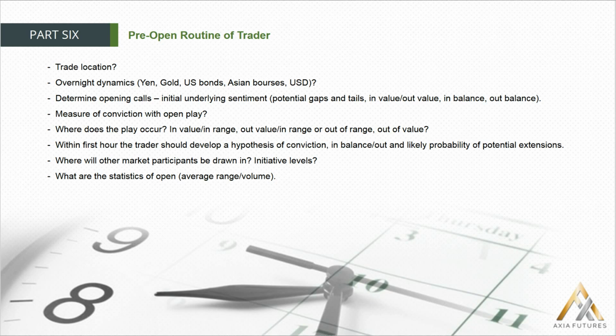Now remember, if we see a market opening in balance with a very basic open auction, there's a low level of conviction. However, if we see the market open out of balance with an open drive, there's a high level of conviction. The 2 hypotheses we'll formulate on these 2 opens will be greatly different.